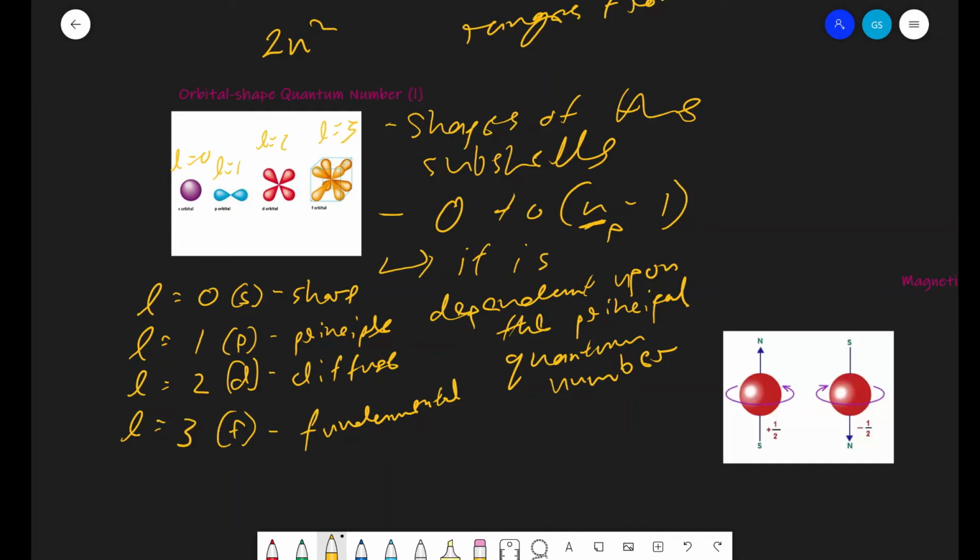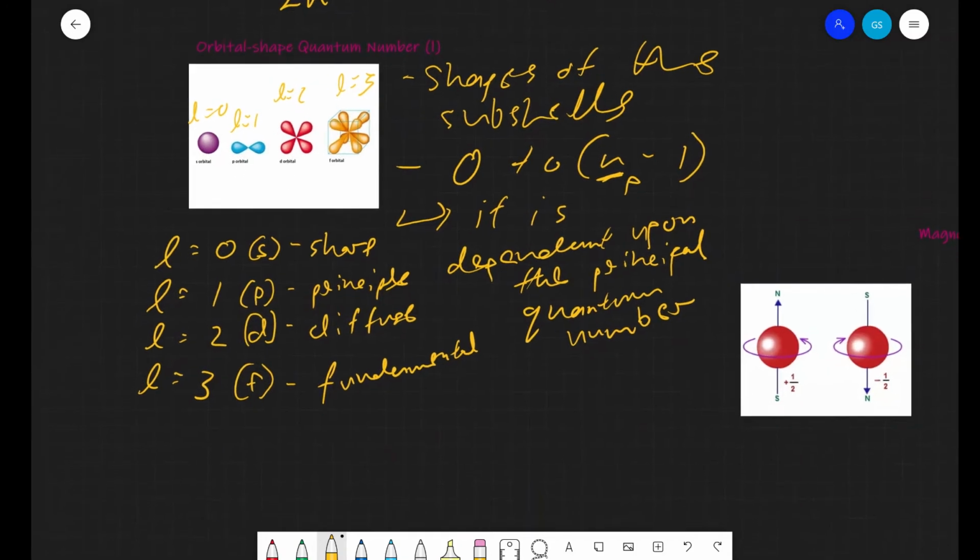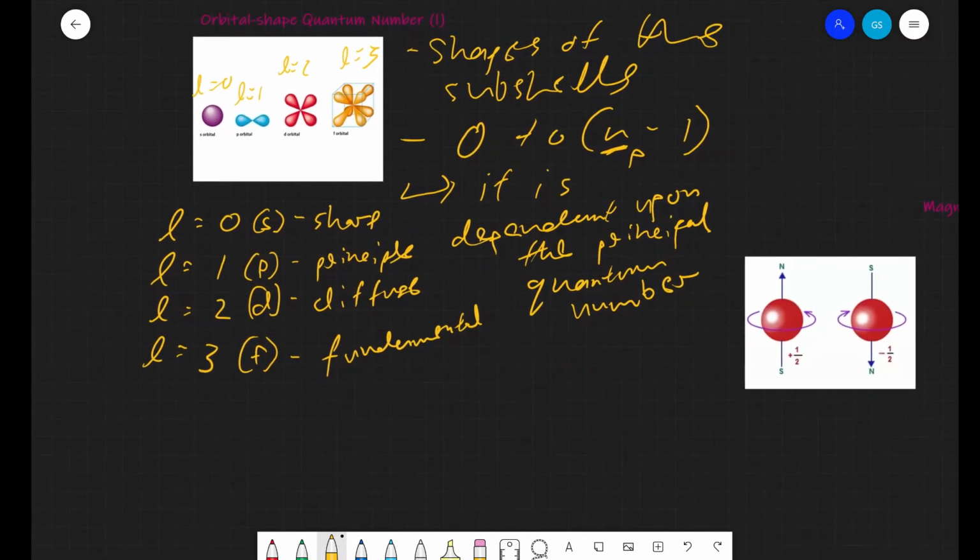So you have SPDF, and as the numbers increase, the subshells start to look even weirder. So let's do an example. Let's say n was equal to 3. Then L can be equal to 0, 1, and 2, because it's 0 to n minus 1.